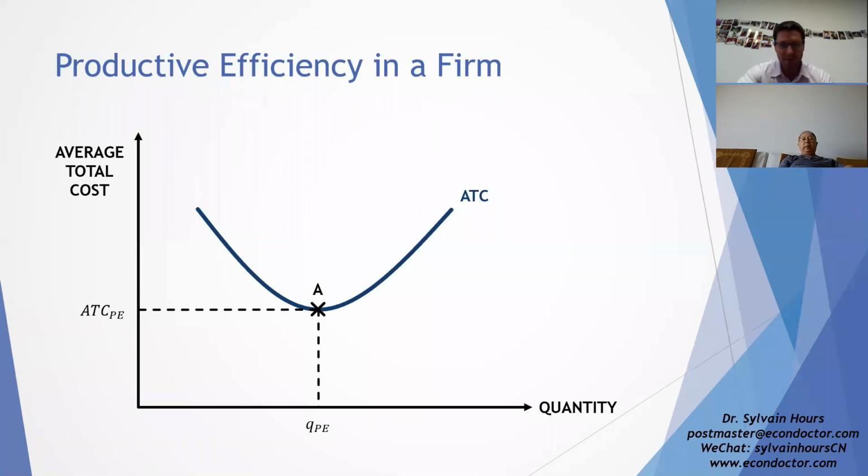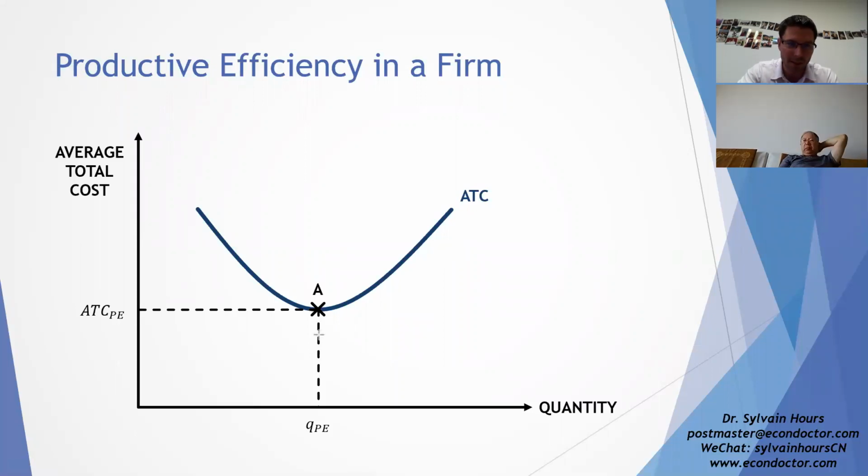Something that I want to clarify is that it's not always going to be the case that if I produce this quantity of output, my average cost is going to be ATC PE. It is actually possible, let me illustrate it.